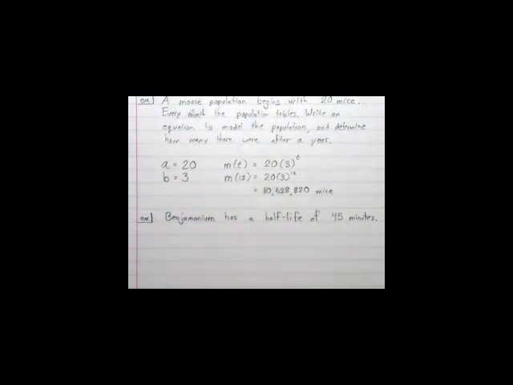A half-life of 45 minutes. Every 45 minutes, there's half as much as there was when it started. So if I started with 10 grams of benjamonium, after 45 minutes, I'd have 5 grams. And then after another 45 minutes, I'd have 2.5 grams, and et cetera, et cetera. So, okay, that's what that means.